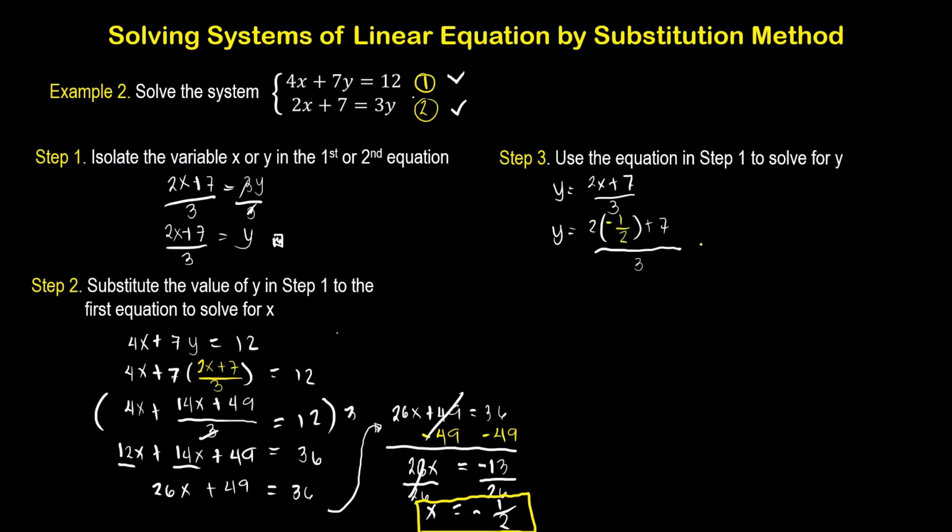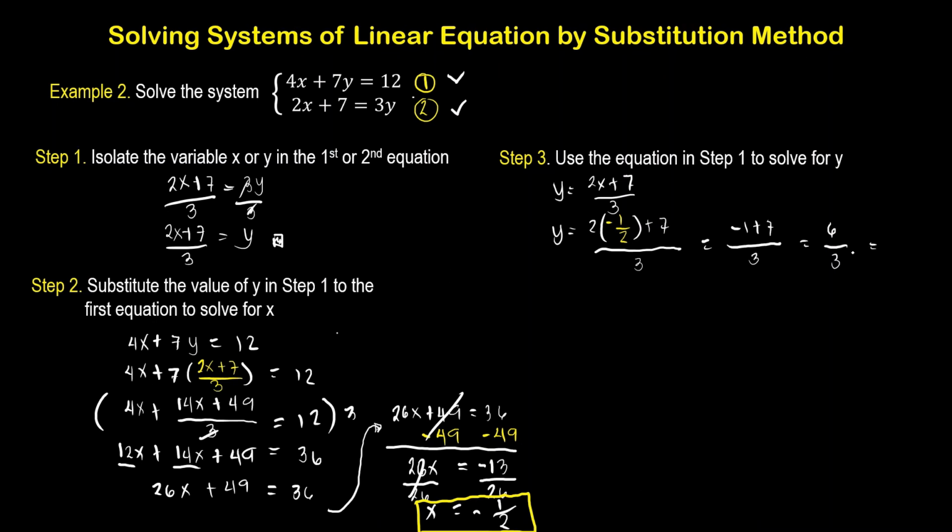Then, of course, we need to simplify this one. So, 2 times negative 1/2 is just equal to negative 1. Then, plus 7 over 3. So, this is equal to negative 1 plus 7 is equal to positive 6 over 3.